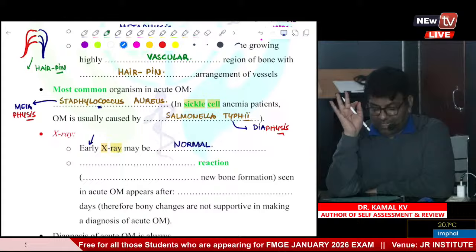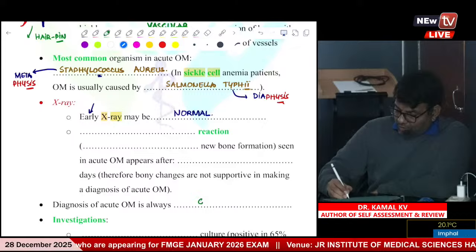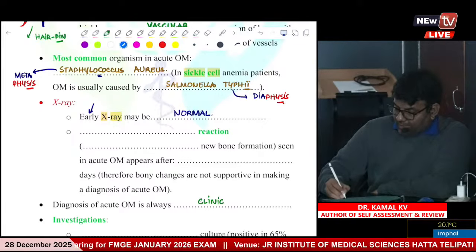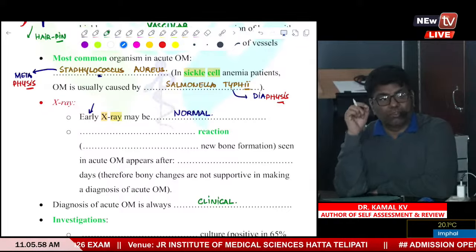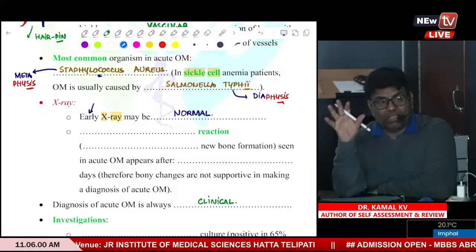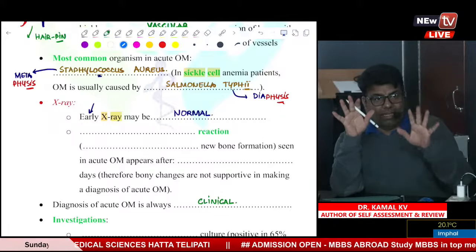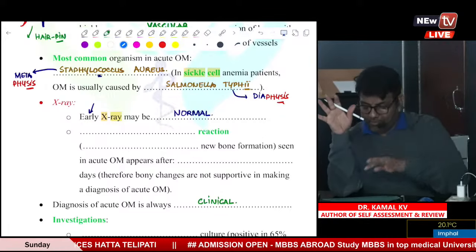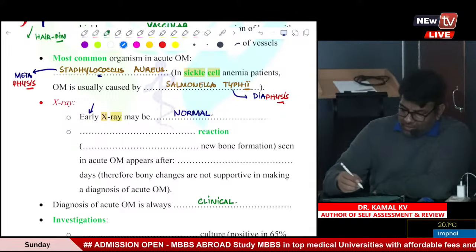Always consider it as a case of acute osteomyelitis, and therefore we use the word clinical diagnosis. So the diagnosis of acute osteomyelitis is always clinical, based on the presentation of the patient. X-ray is not going to show you anything, so don't rely on X-ray. The presentation should lead you to the diagnosis, right?